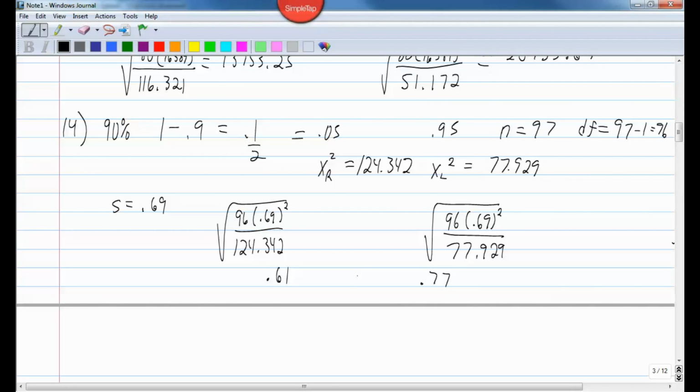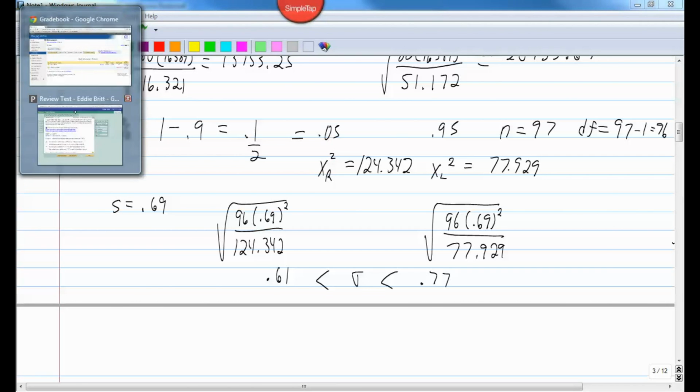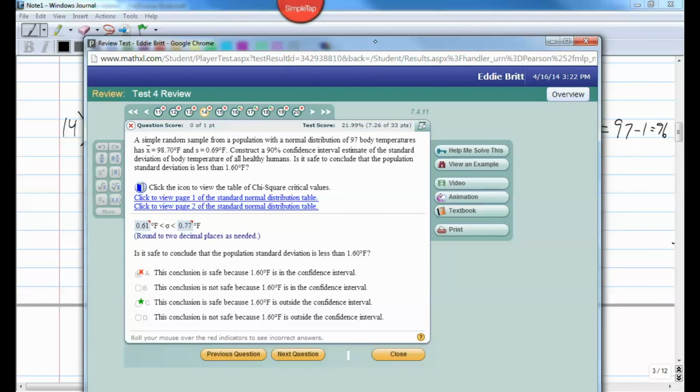Again, I know this is off. Why do I know it's off? Because of the degrees of freedom that we had to use, and then what our table gave us. We really had no option if we wanted to just use the chi-square distribution. All right. So let's see how far we are off.